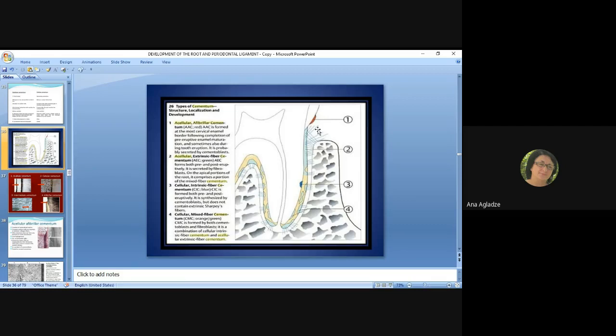At this stage, or even after eruption, cementoblasts deposit initial layers of acellular afibrillar cementum here, which is homogeneously mineralized. As this is acellular cementum, it is assumed that serum proteins and minerals precipitate together on the enamel surface without the involvement of cementoblasts.